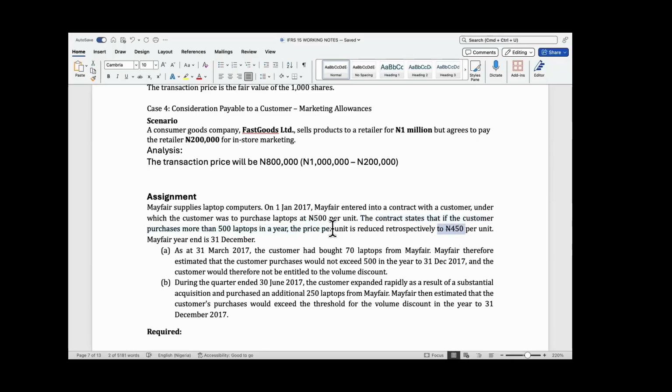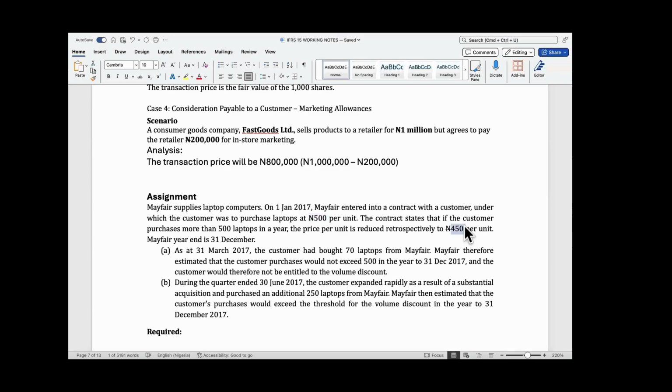This means that ordinarily this guy sells the laptop for 500 naira. But we are saying that if any customer is able to buy more than 500 laptops in a year, then for all the laptops that customer has bought, we will recalculate it for him at 450 naira.